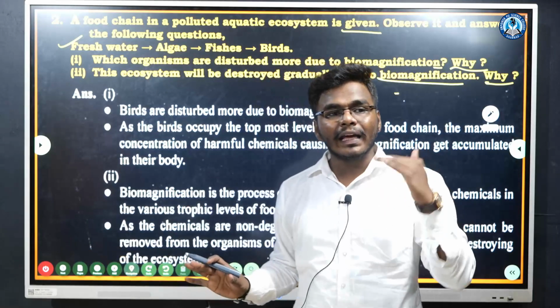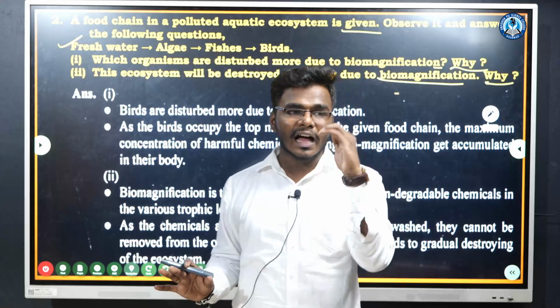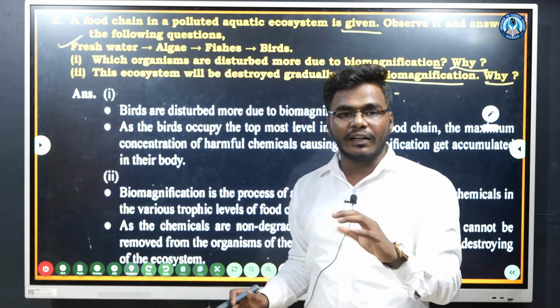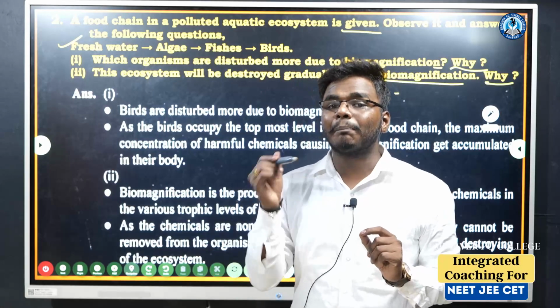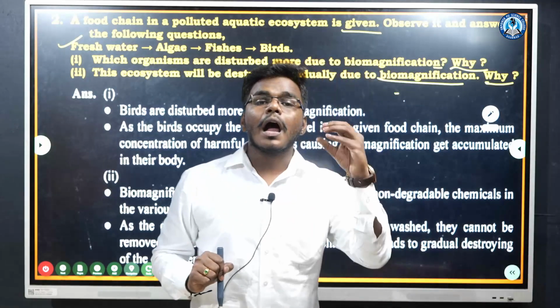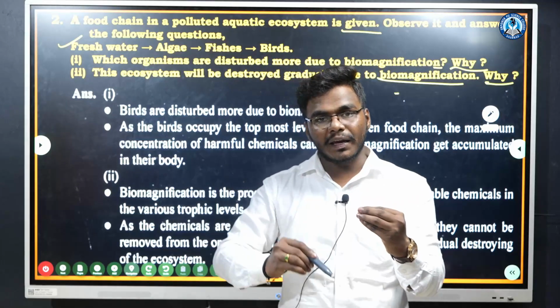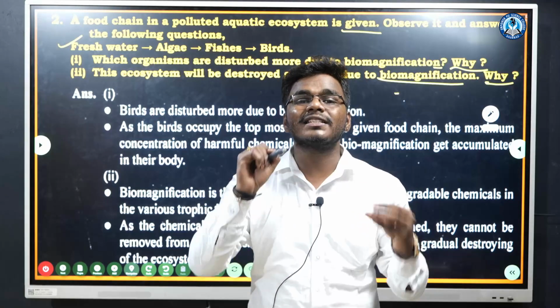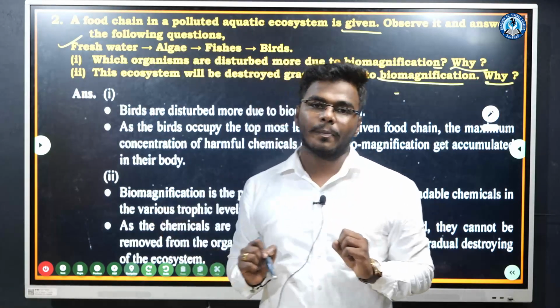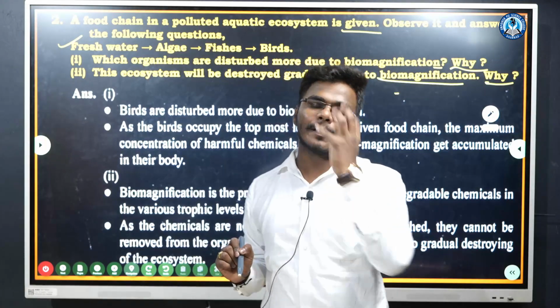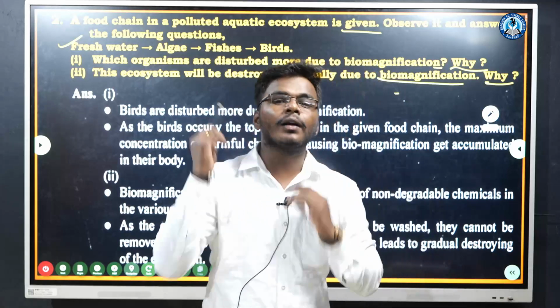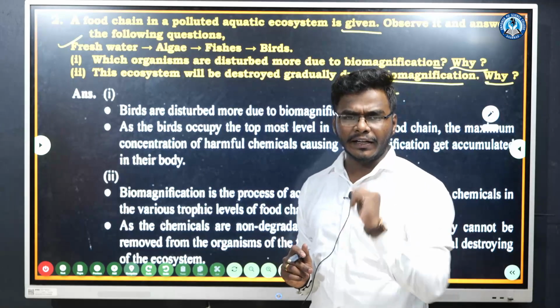So slowly, day by day, these chemicals are being accumulated in the soil and water. Since we are growing the plants in that soil, a part of the chemicals is being taken up by the plants and stored in the tissues. Later these plants with toxic substances are eaten by the animals, right?